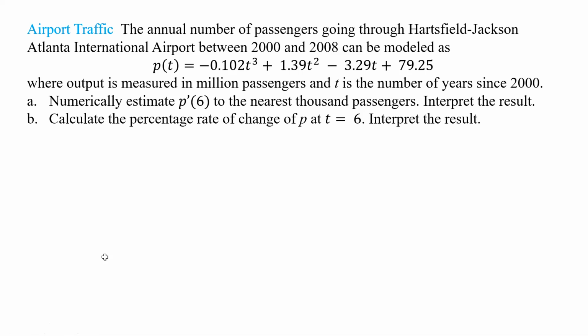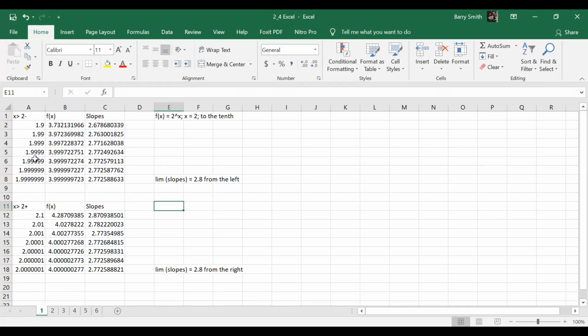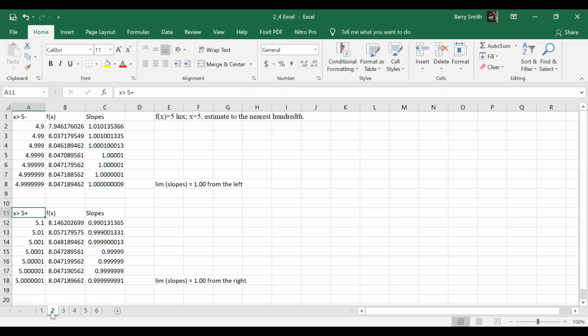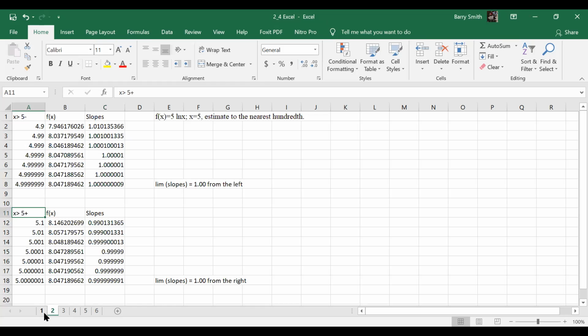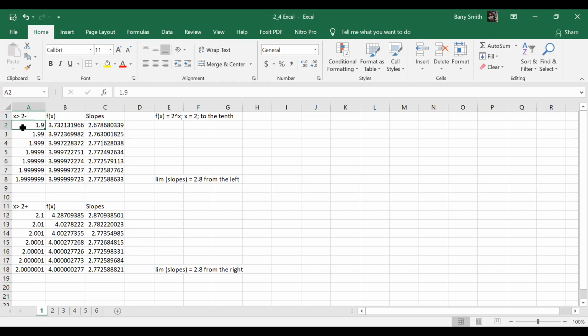Because it's going to take a long time to type all this in, I went ahead and did this in advance, and I also did the first two in Excel to show you how that works. Remember, we did both of these, 1 and 2, by hand. I had 1.9, 1.99, all the way up.